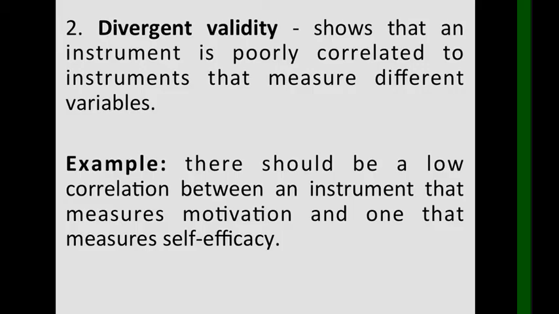Kasi iba ang motivation at iba ang self-efficacy. Ang motivation ay maaaring makuha mo sa ibang tao. Ang self-efficacy kasi it is a belief within yourself while motivation can be gotten from other people. Motivation by the self pwede rin naman, but it's more on self-efficacy kasi self-efficacy is confidence. Yung tiwala sa sarili.